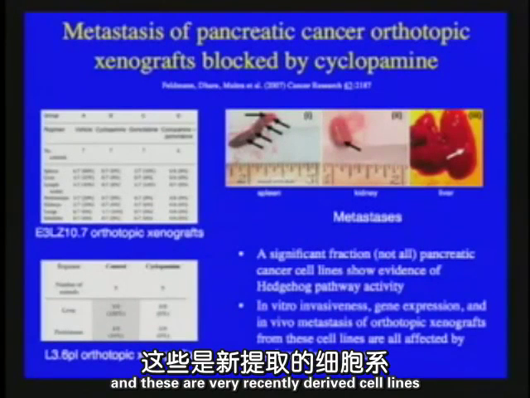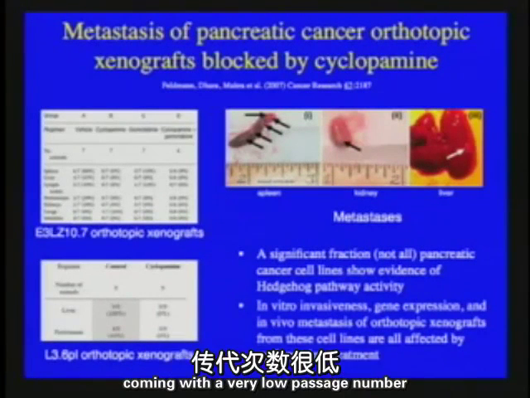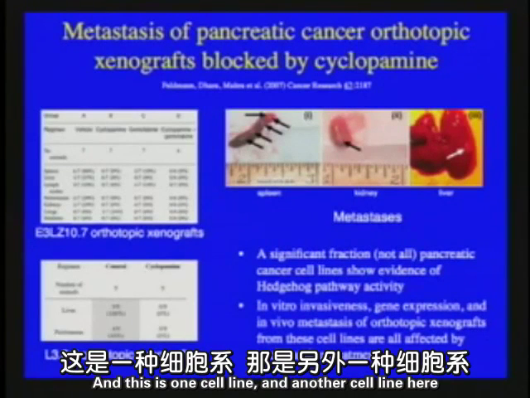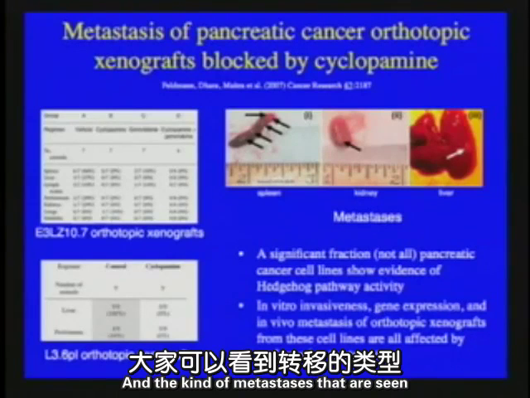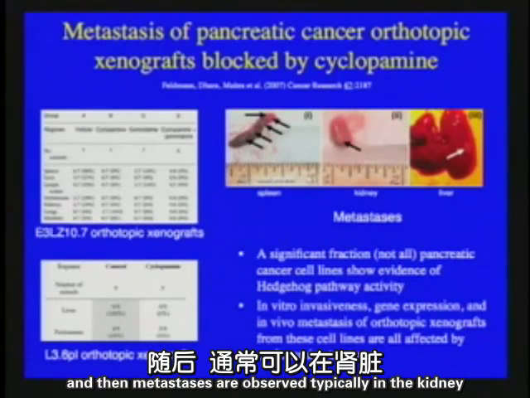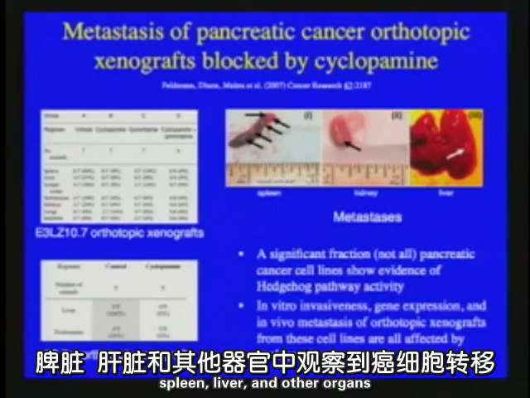And these are very recently derived cell lines coming with a very low passage number from human pancreatic cancers. And this is one cell line and another cell line here. And the kinds of metastases that are seen, so the grafts are made by introducing cells right into the pancreas, and then metastases are observed typically in the spleen, kidney, liver, and other organs.